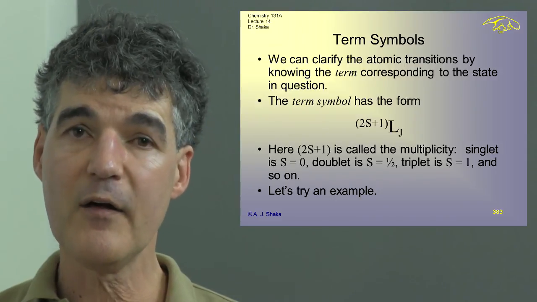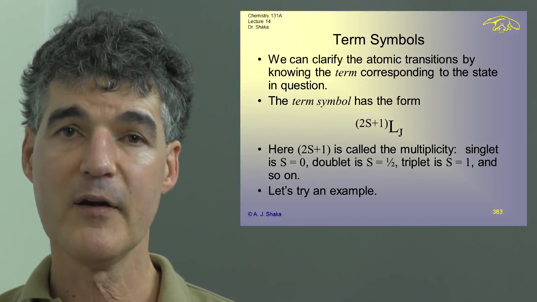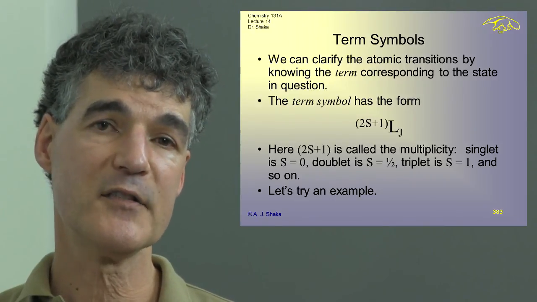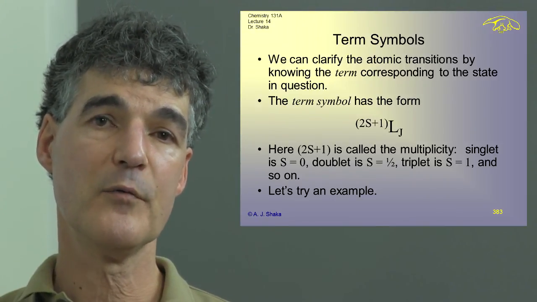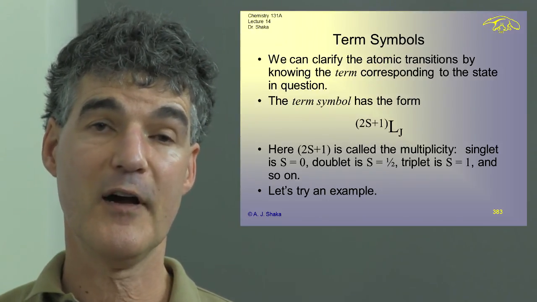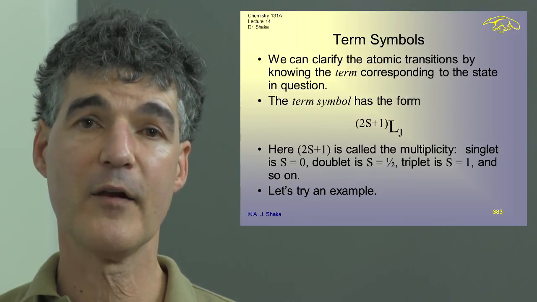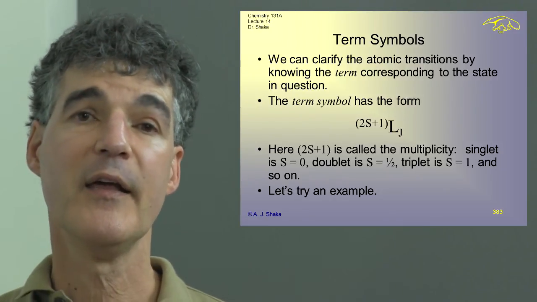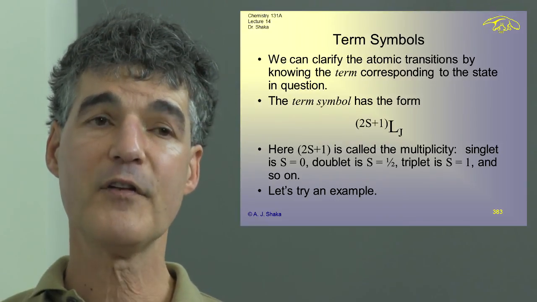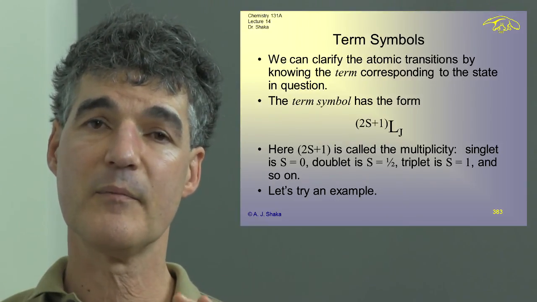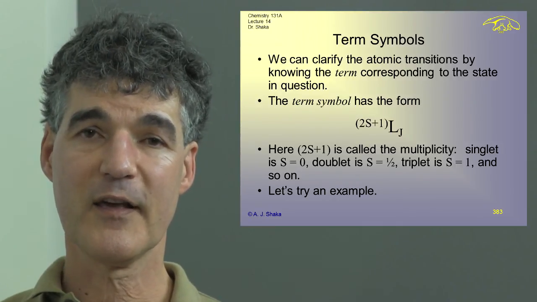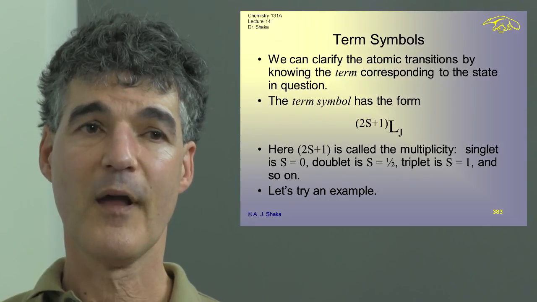This is big L, the total orbital angular momentum, and then J as a right subscript to tell you which way S and L are adding up to give the result for the total angular momentum of the atom. And in order to figure out what kinds of transitions you're going to see, you have to know what the term symbol is. That's by far the best and most concise way to look at things, and therefore you have to know what these are.